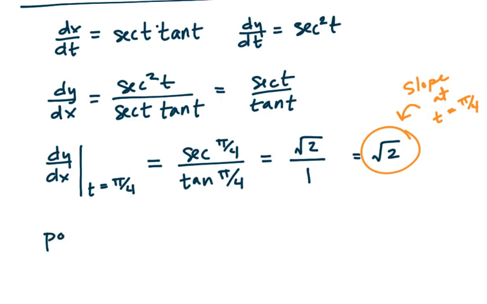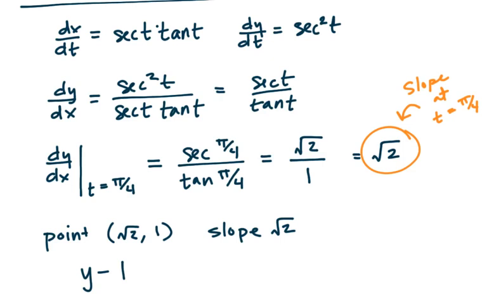So if my point is root 2, comma 1, and my slope is root 2, then the equation of my tangent line, found by saying y minus y1 equals m times x minus x1, would be y minus 1 equals my slope, root 2, times x minus root 2.